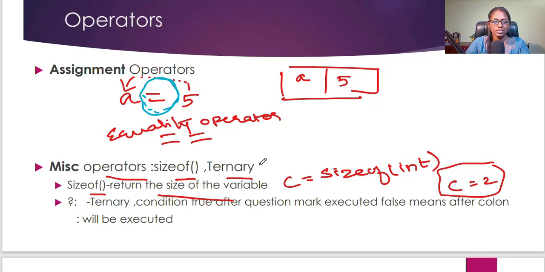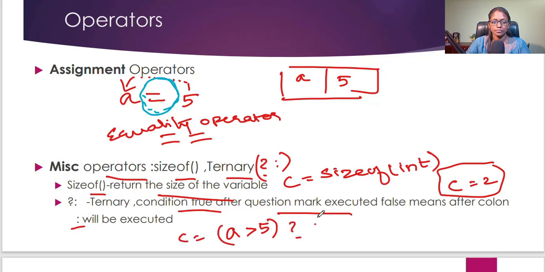And the next one is the ternary operator, question mark and colon. If the ternary condition is true, what is after the question mark is executed. If the condition is false, then what is after the colon will be executed. For example, a is greater than 5, question mark, 5. So I'm telling this simply.